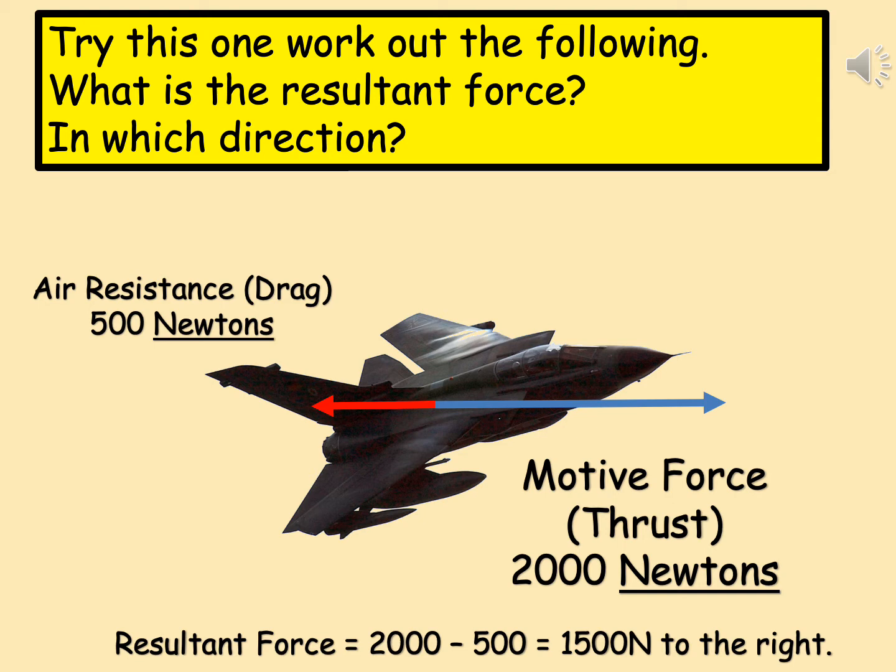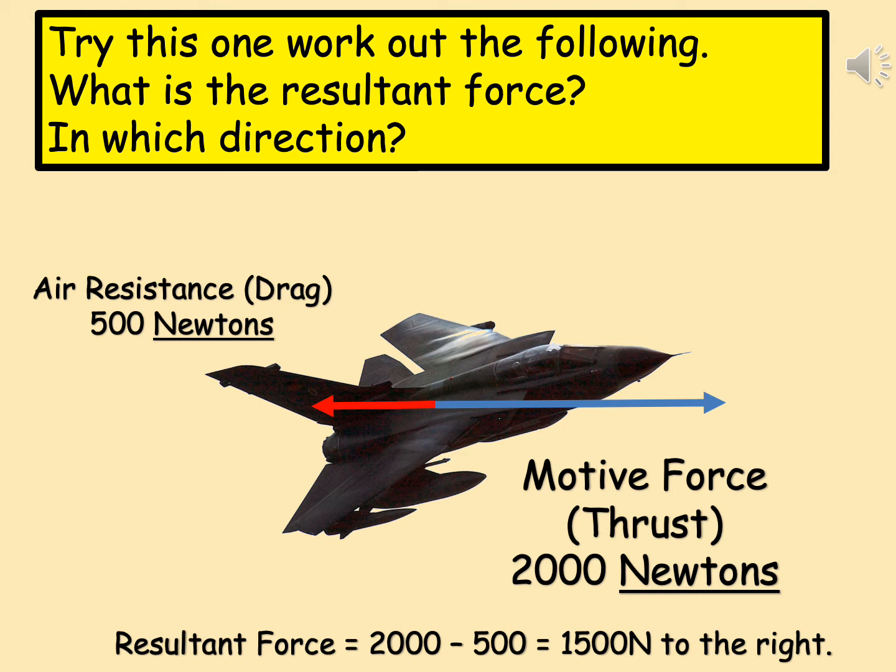So to work out the resultant force, we need to add them together. Now these two forces are not pointing in the same direction, and because they are not pointing in the same direction, one of them has to be minus. Just for the ease of taking it away, I'm going to make my 500 newtons be the minus.